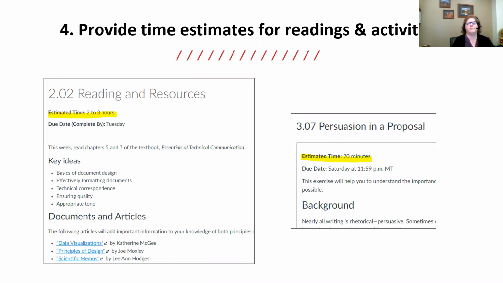Okay, provide time estimates for the readings and the activities. To me, it doesn't matter if your students are traditional undergrads or adult learners. If you can provide a time estimate on how long this reading is going to take, how long this assignment might be, that helps the students adjust their time management.